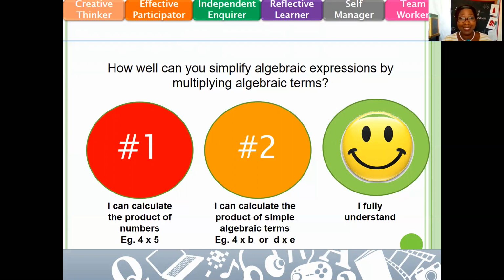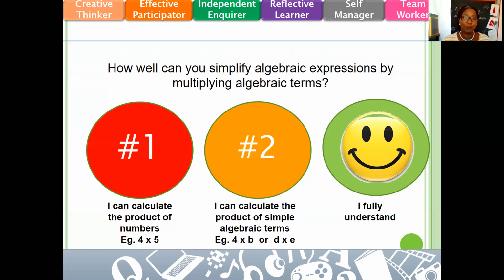That is excellent. The objectives for this lesson were achieved. You are going to need to practice because that's how math is. Practice makes perfect.